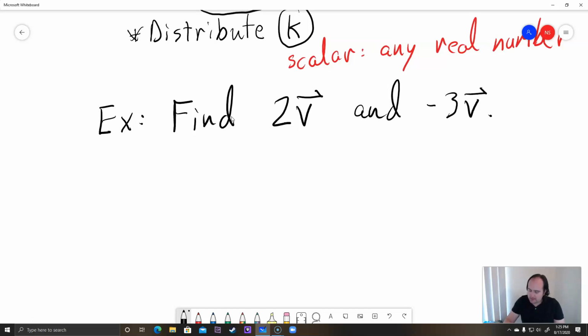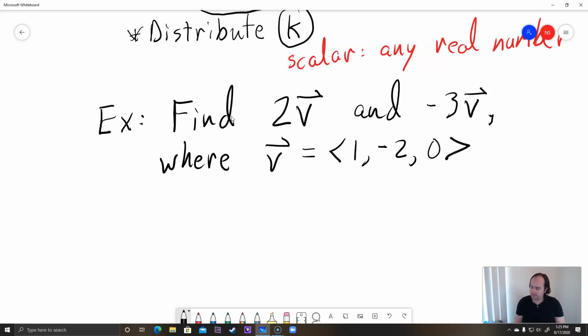All right, and here they're telling us where v is the vector equal to component form 1, comma, negative 2, comma, 0. Okay? So what kind of vector is this? Is this 2D or 3D? Well, we know it's 3D because it actually has 3 components, and that's our x, y, and our z. And 2 and negative 3 are called scalars because they're just real numbers.